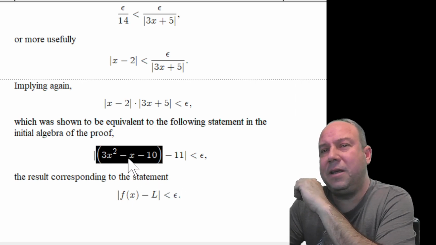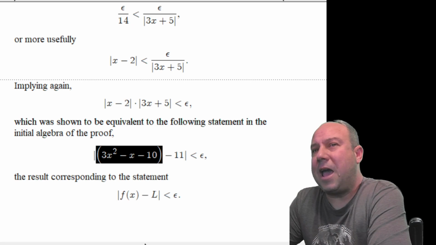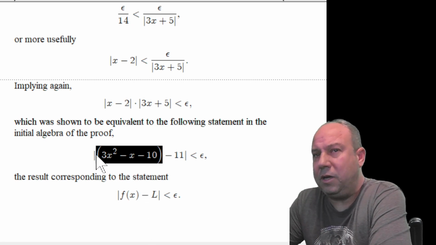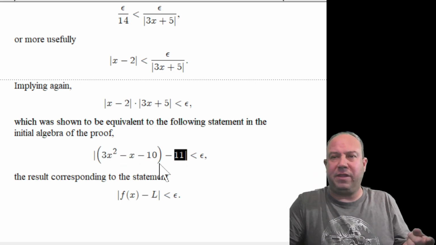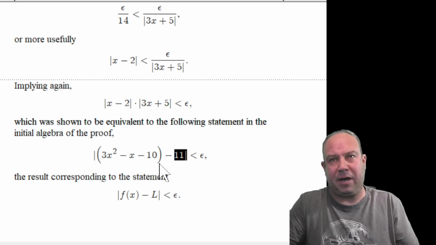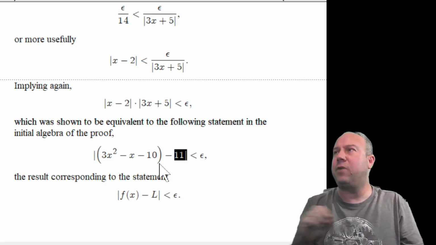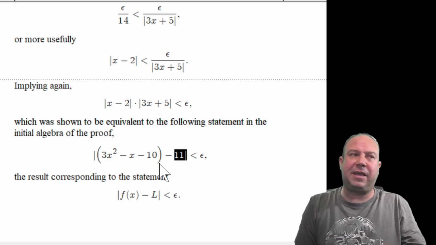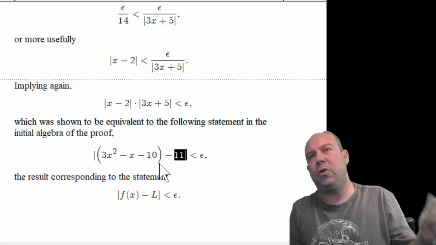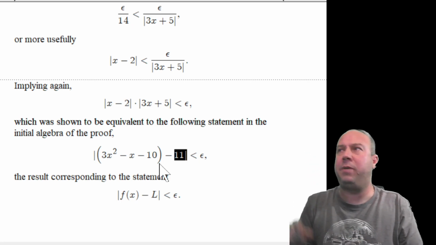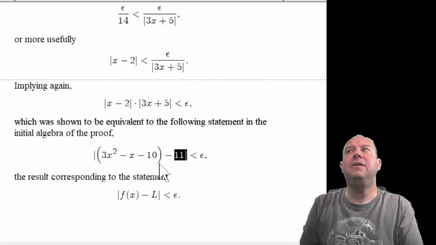The limit as x approaches 2 of the function 3x squared minus x minus 10 does equal 11, and we have just proven that with the result given above. We have just shown that for any choice of epsilon, in the case when it's greater than or equal to 14, we're going to pick 1, and in the choice when it's less than 14, we're going to pick epsilon divided by 14.